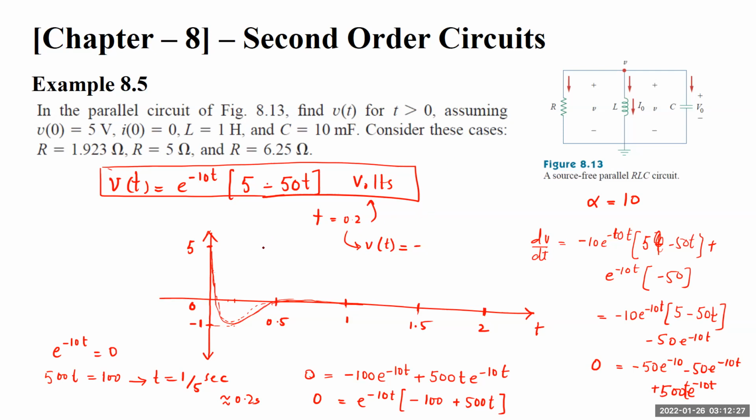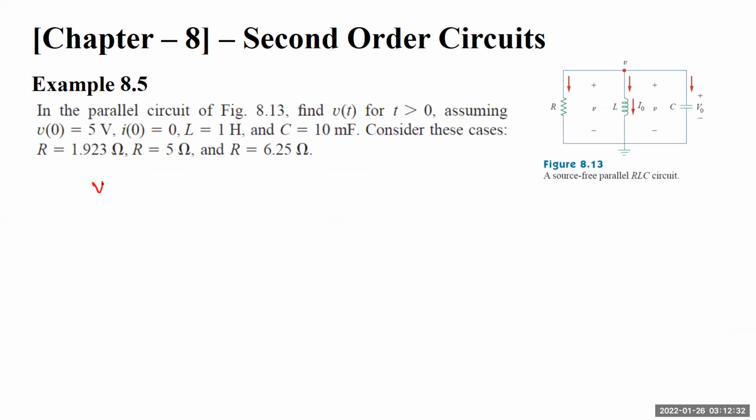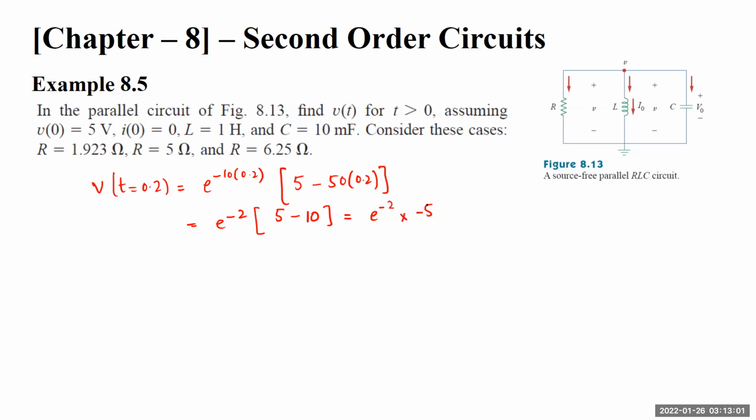Let's try to calculate it. So v of t at t equals 0.2 seconds is e raised to power minus 10 into 0.2, times 5 minus 50 into 0.2. So this is e raised to power minus 2, multiplied by 5 minus 10, so e raised to power minus 2 multiplied by minus 5.